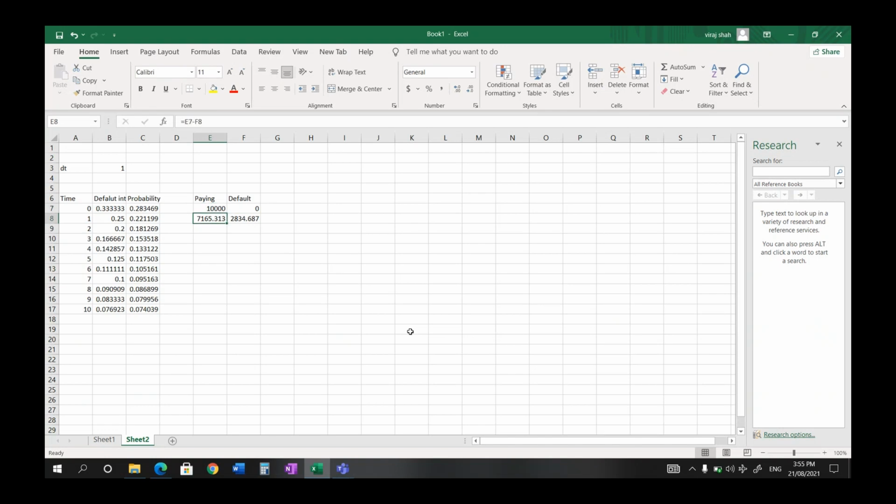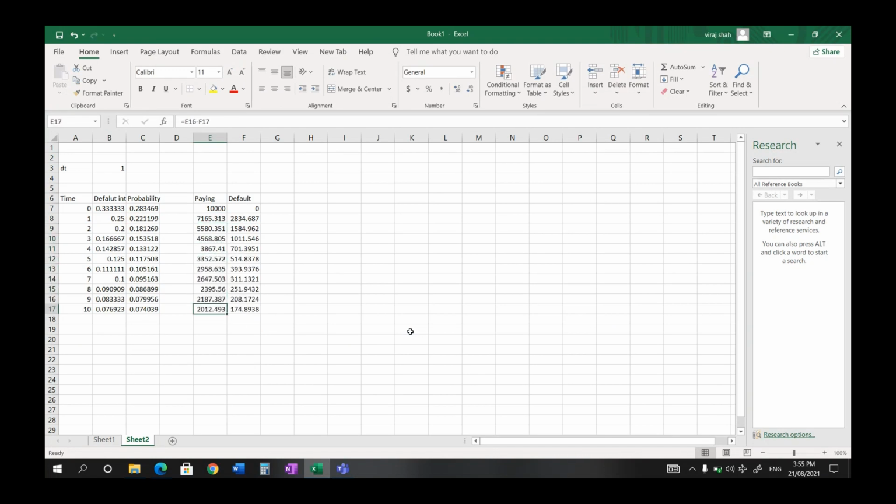That many bonds remain. At time 2, how many bonds have defaulted? The number of bonds at time 1 multiplied by the default probability, and so on. It will be the same for all. And the number of bonds at time 1 would be nothing but bonds at time 0 minus the number of defaults. Let me drag this.